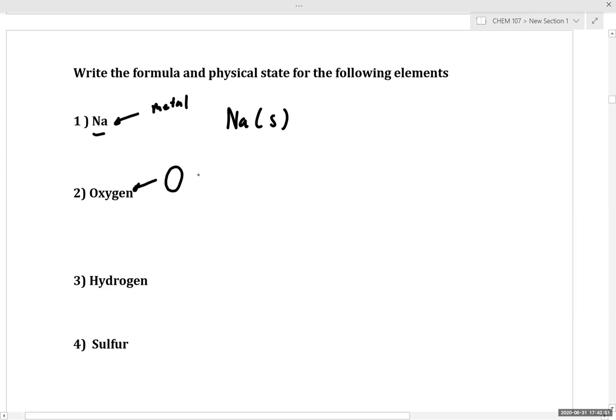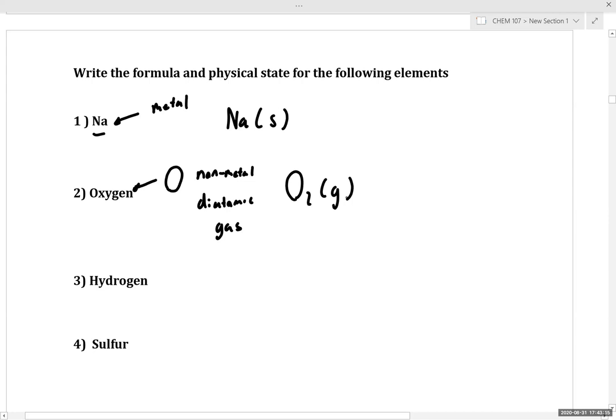So for oxygen, we know that oxygen is a non-metal. It's on the right-hand side of the periodic table. And oxygen specifically is a diatomic element. And we also know that oxygen is a gas from the rules that we discussed earlier. So we'd write the formula of oxygen as O2 gas.